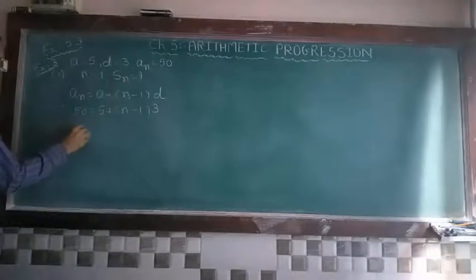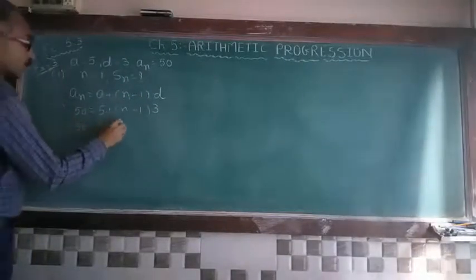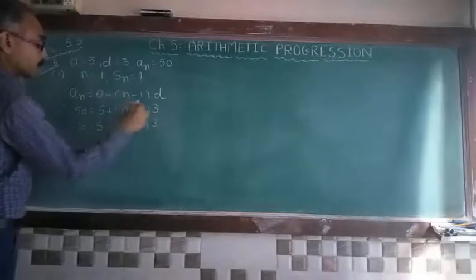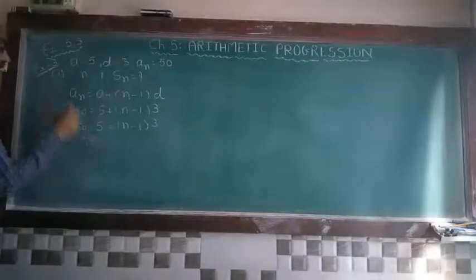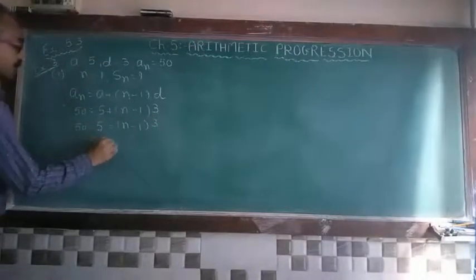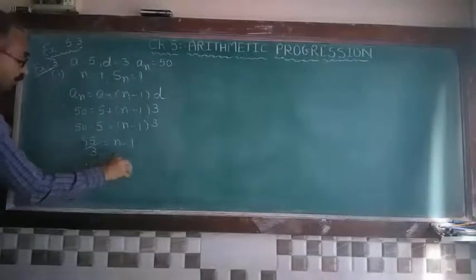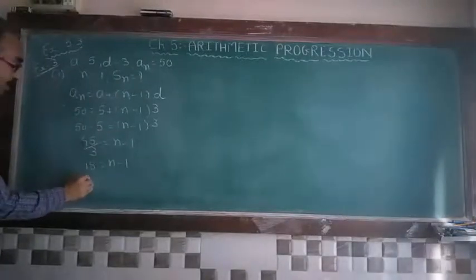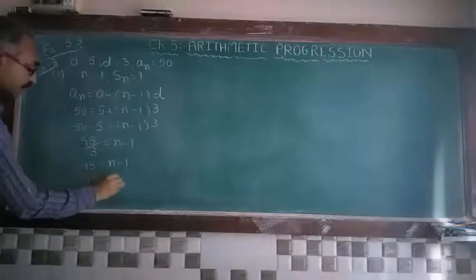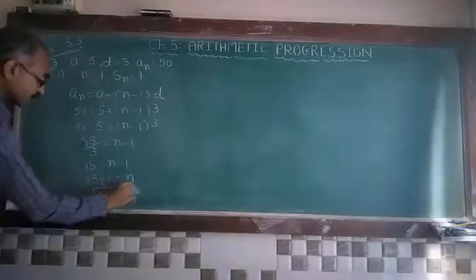That means 5 from right to left, minus 5, is equal to n minus 1 into 3. So that is 45. Now 3 is divided by 3, so 15 is equal to n minus 1. That means 15 plus 1 is equal to n. So n is equal to 16.